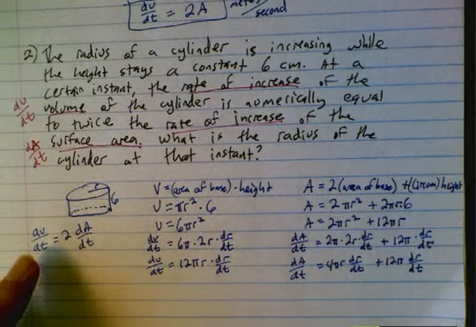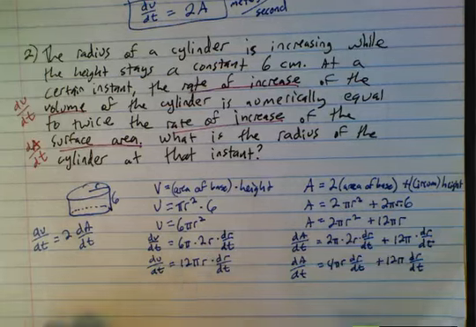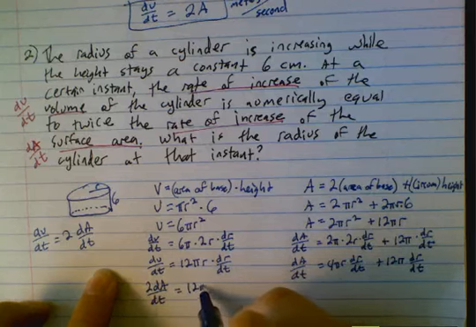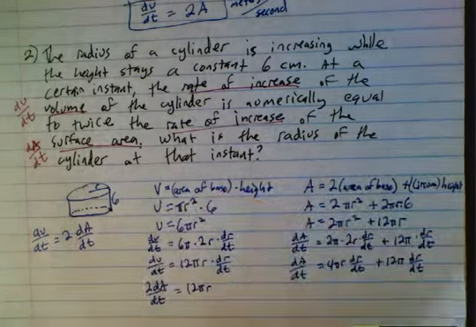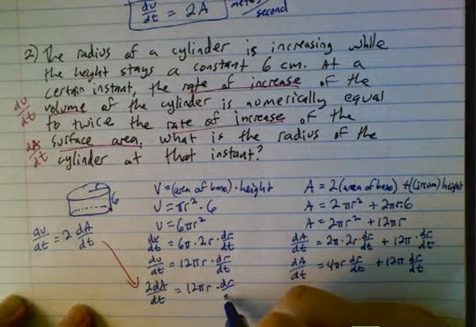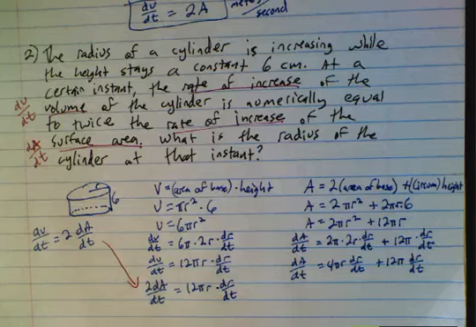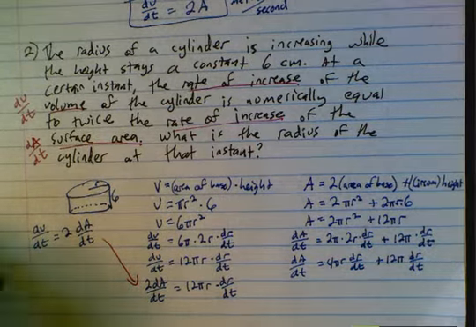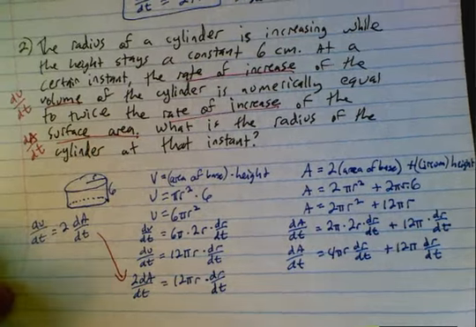So we can at least take that out and plug it in here. 2 dA/dt equals 12 pi r times dr/dt. Let's see where that gets us.